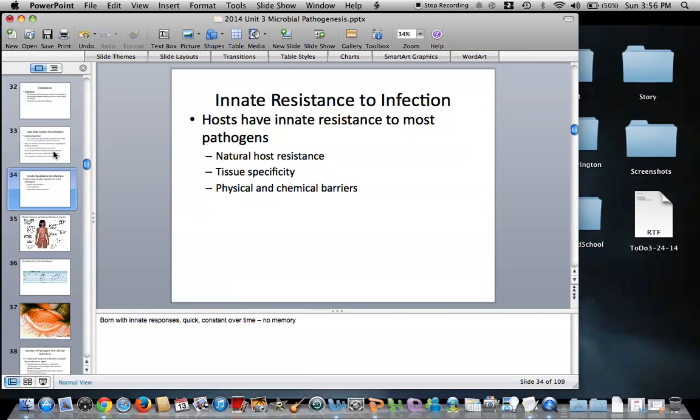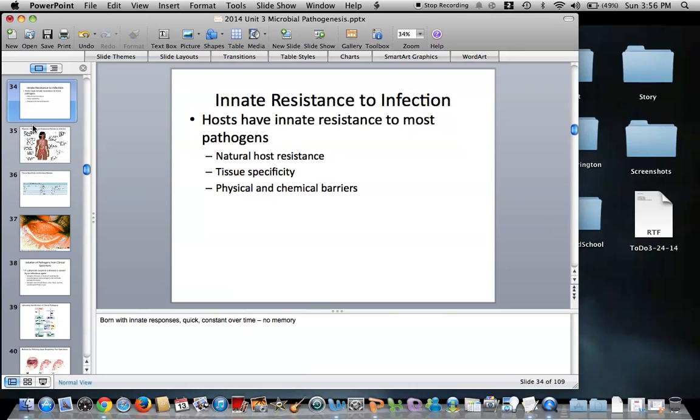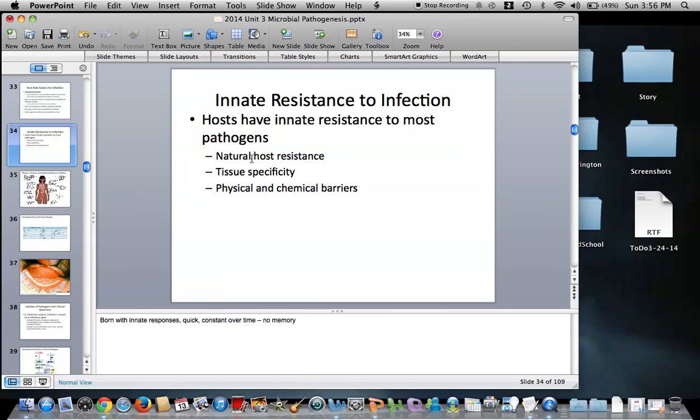Innate resistance. So, natural host resistance, tissue specificity, physical and chemical barriers. This is the part that doesn't have memory, it's just your innate resistance.